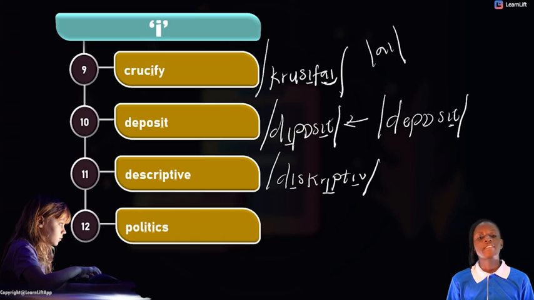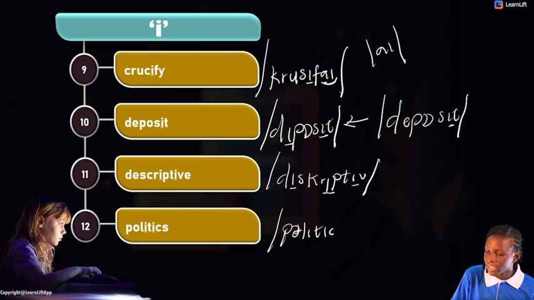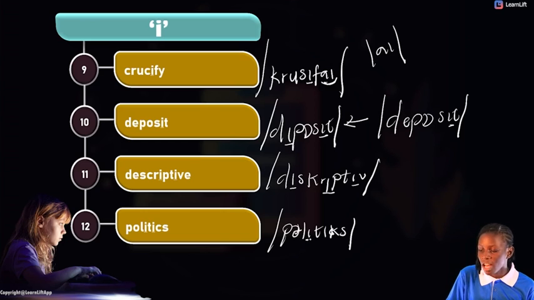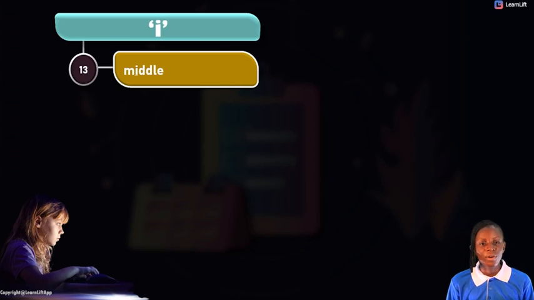Next example, we have our politics. Now our politics is transcribed as politics, having our E sound here, no E sound here, and having this as the little sound. Okay, next we have middle.